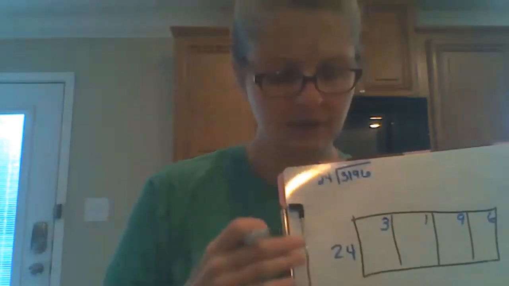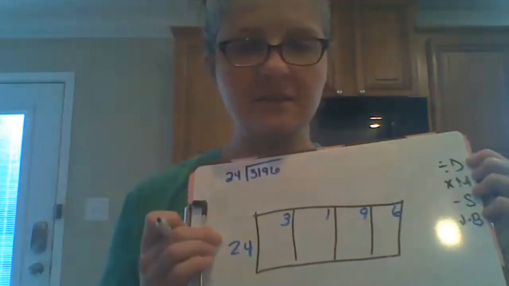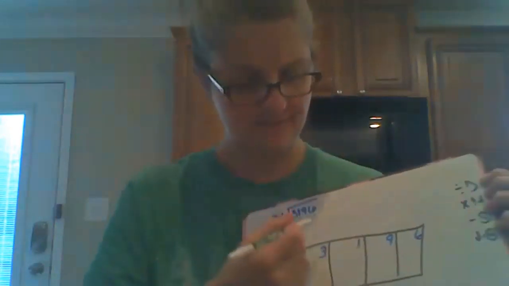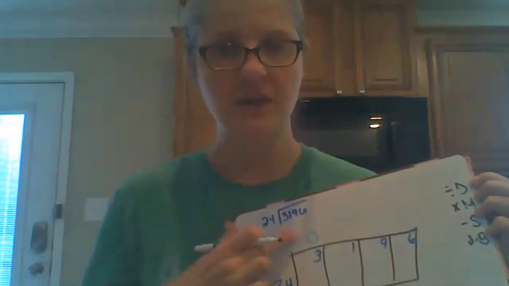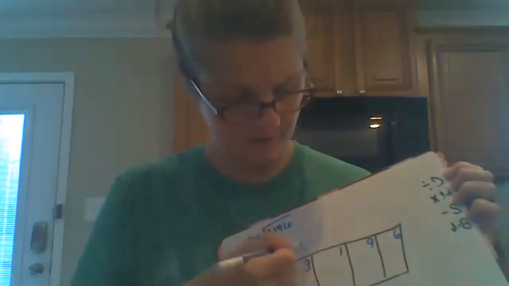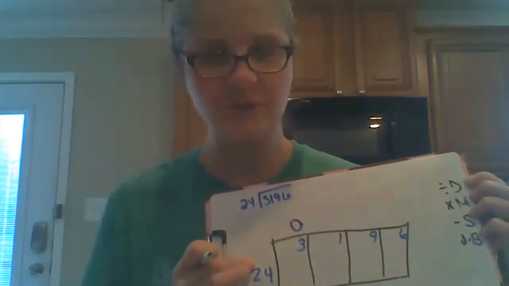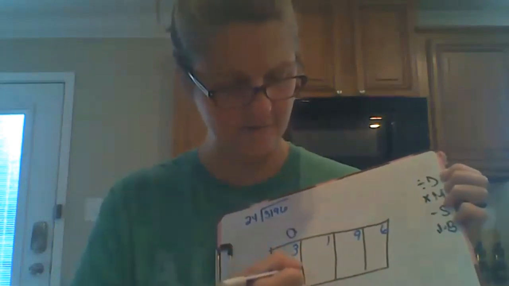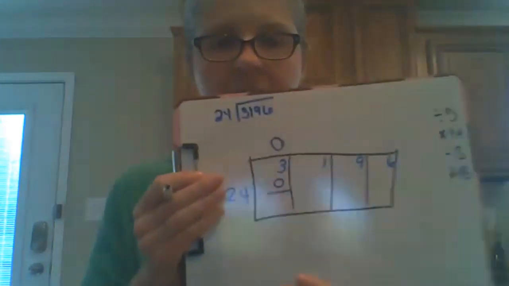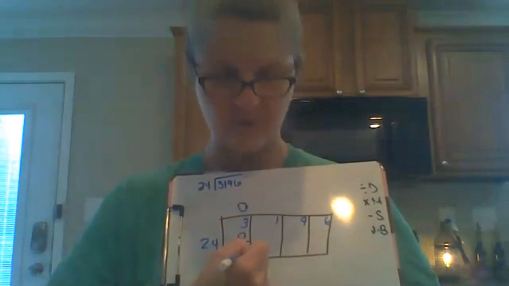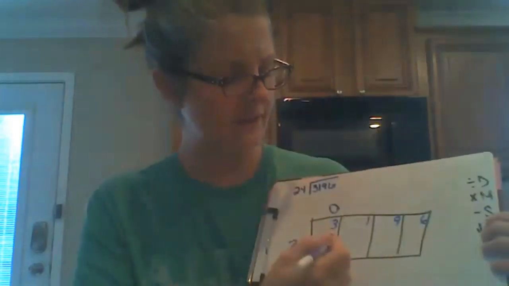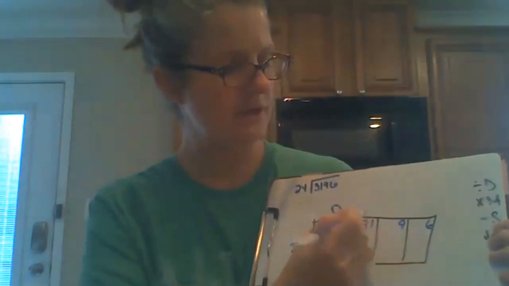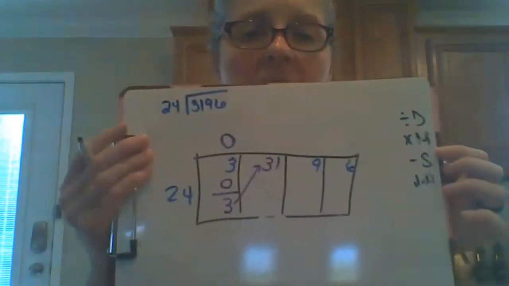So we start out with division. Does 24 go into 3? It doesn't. So 0 times 24 is 0. And I subtract. That leaves me with 3. And I'm ready to bring that over. So now my new box is 31.